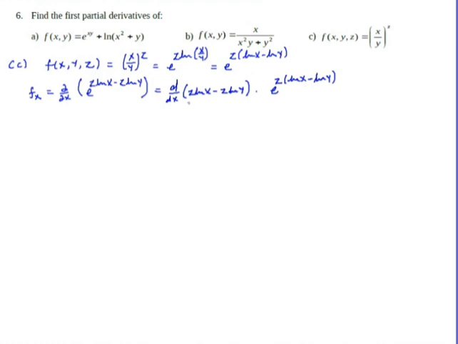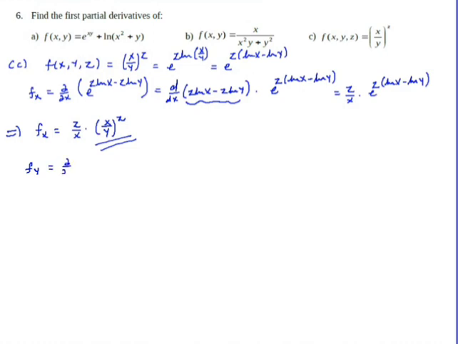The derivative of this part with respect to x is z over x. So this becomes z over x into e to the power of z times (ln x minus ln y), or, originally as given, we can write fx as z over x times (x over y) the whole z. This is our fx.